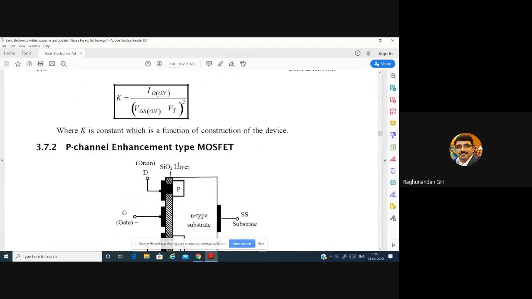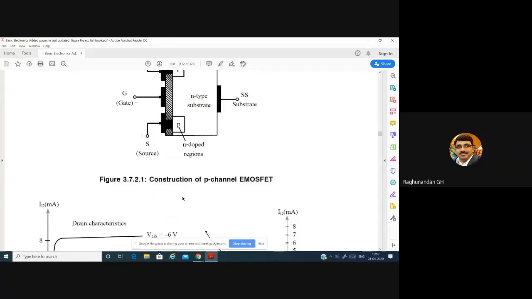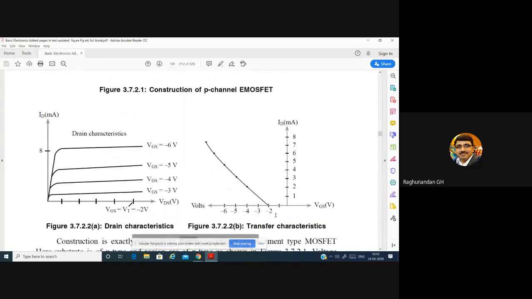You should know. In the same way, you have the P channel enhancement type MOSFET here also. Since you are having two P types on either end, the transfer characteristics will be in the opposite direction, because it comes in the second quadrant instead of the first quadrant.